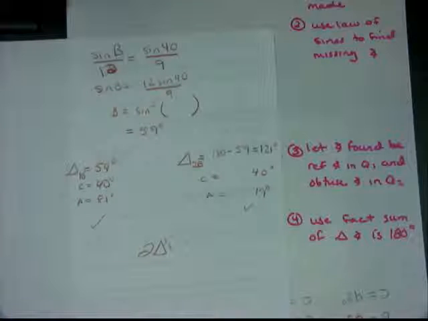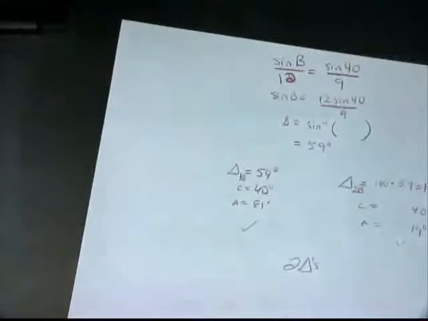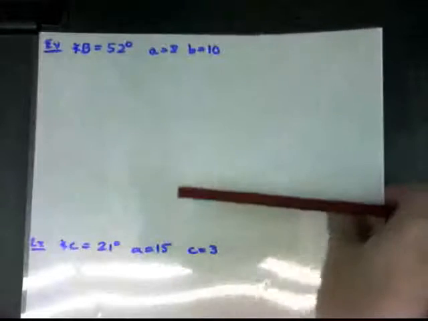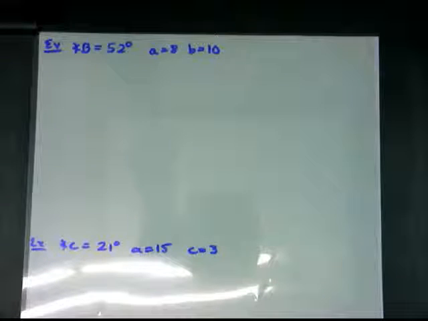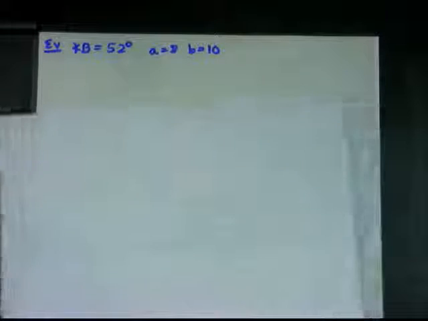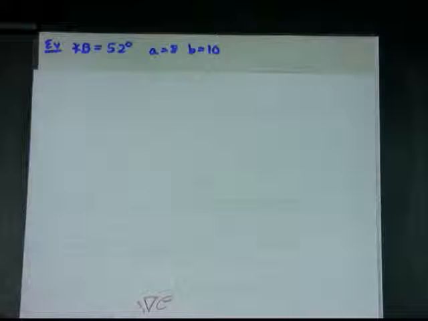All right, so let's try another one. If I tell you angle B is 52 degrees, side A is 8, and side B is 10, I want to determine: are there two triangles, one triangle, or no triangles? Well, we're always going to assume there's two. So I'm going to go through the law of sines, just like any other normal problem.